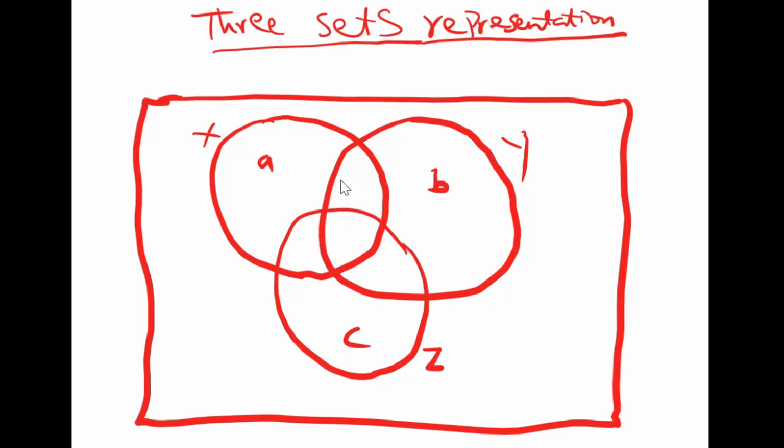And x intersection y will be this area, and x intersection z will be here, same thing as y intersection z. Then this center connecting the three circles will be the intersection of the three sets, which is x intersection y intersection z. So this is how to represent three sets in a Venn diagram.